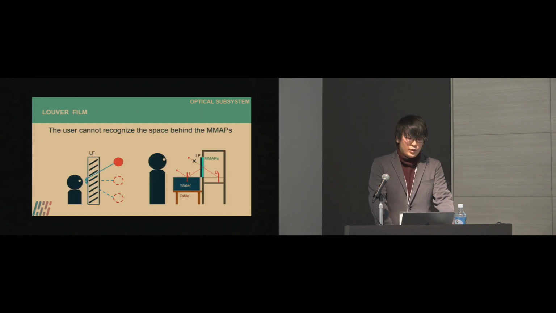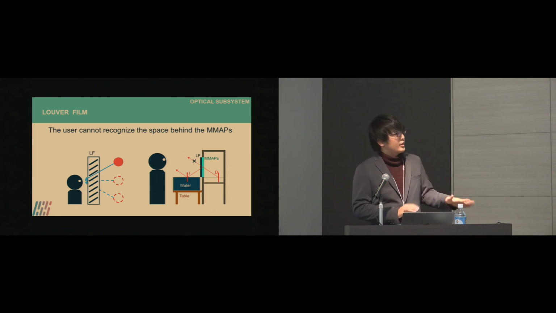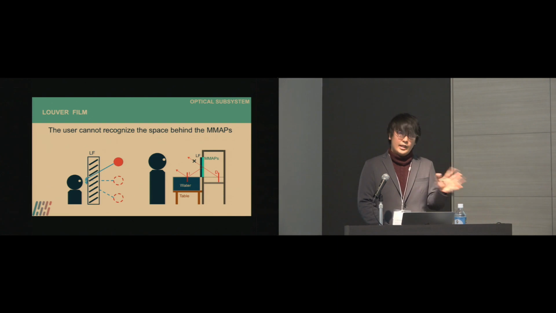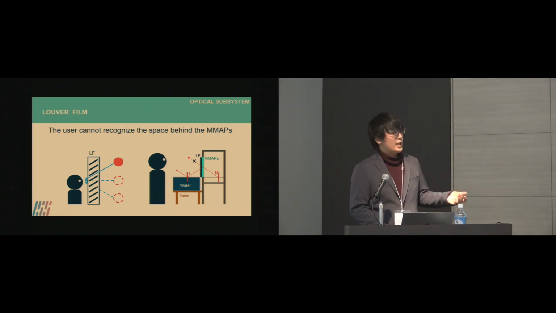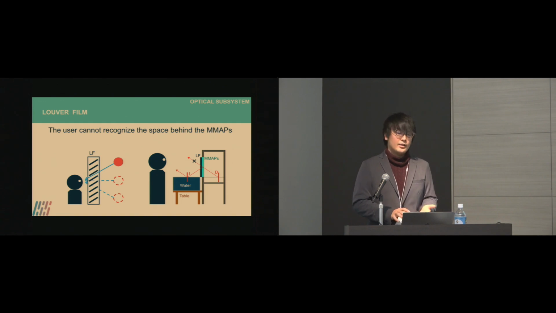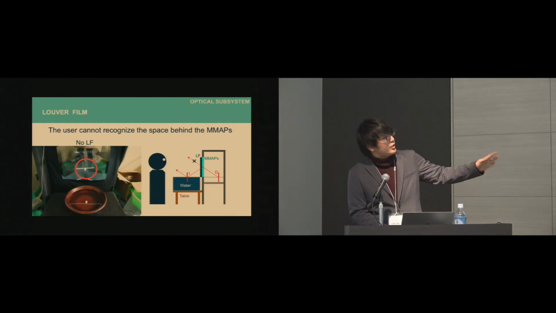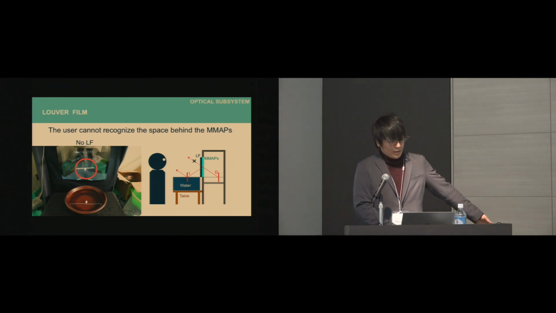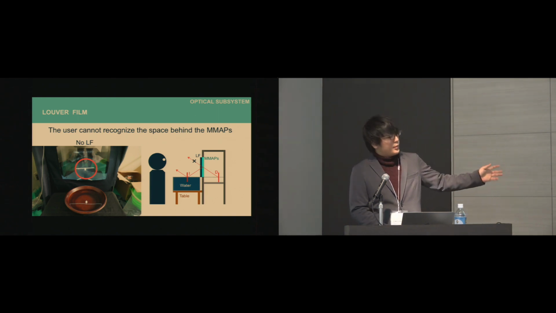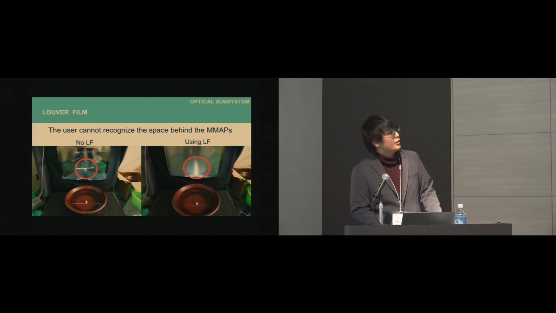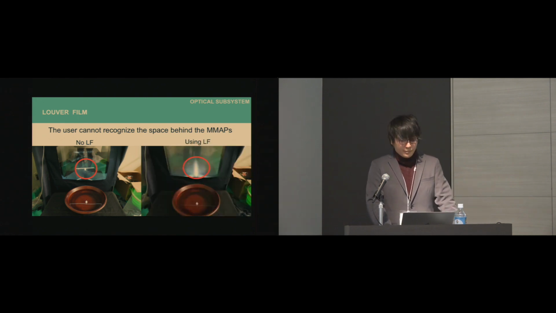Since the rubber film blocks the light from the light source display, which goes straight to the user without being reflected from the MMAPS, the user cannot recognize the space behind the MMAPS. If there is no rubber film, the user can see a display behind the MMAPS. It is not attractive, so we use rubber film.